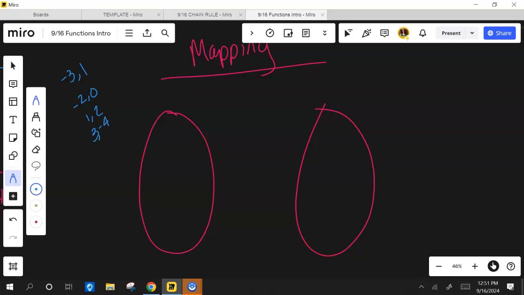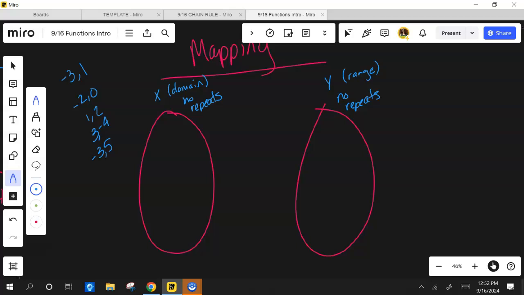All my x's are going to go in one circle. This is your x's, which is your domain. I say domain because you don't want any repeats. And then y, which is your range. Again, no repeats.